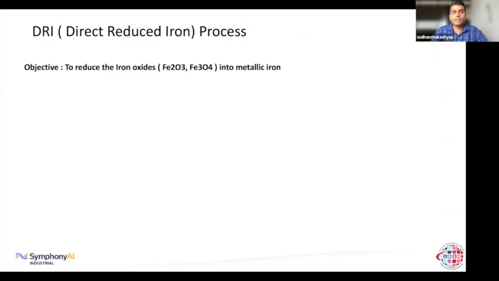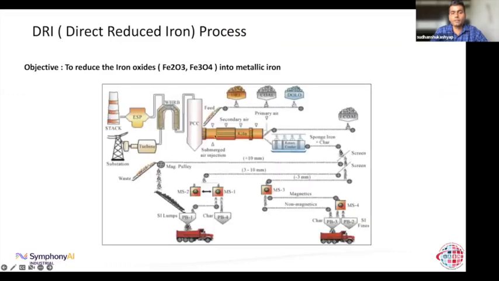So the direct reduced iron process objective is to reduce the iron oxide, hematite and magnetite, as we know, the ore, to metallic iron. And it is being done in a reactor.